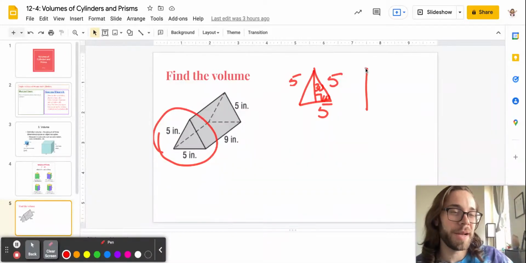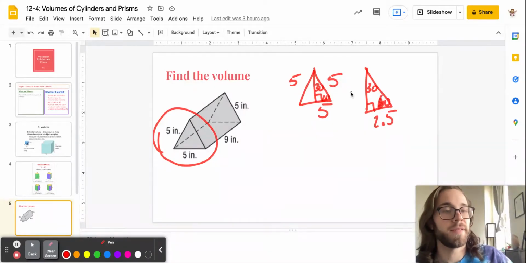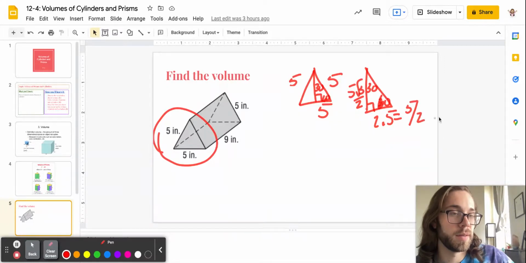So you have a right triangle. There's your 60. This is 2.5, or 5 halves. And here's 30. So the height would be 5 halves times root 3, so 5 root 3 over 2, using what we know about special right triangles.